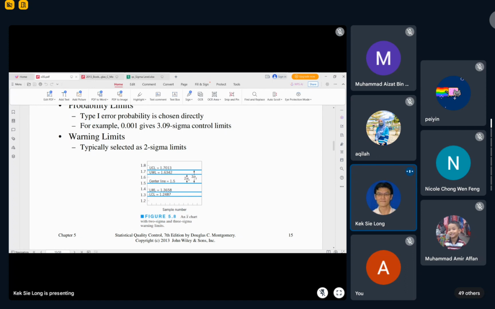Now, of course, as a QC or a QE, we really don't want to see so many points out of control. In statistics, they say outlier. If there are so many points outside of the 3 sigma control limit, they might say outlier.